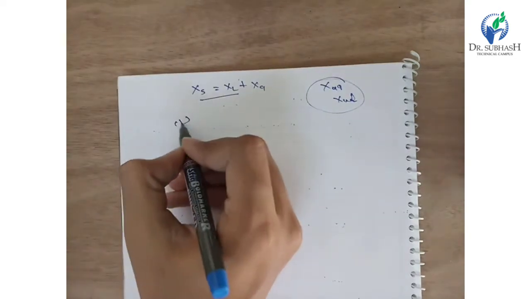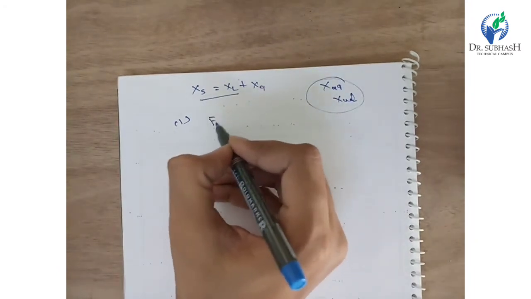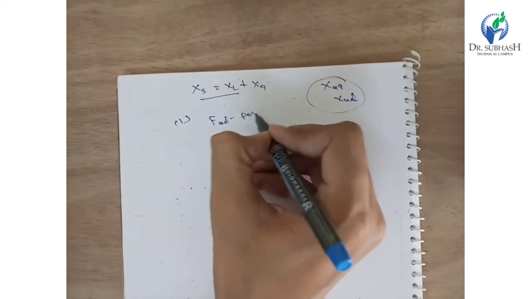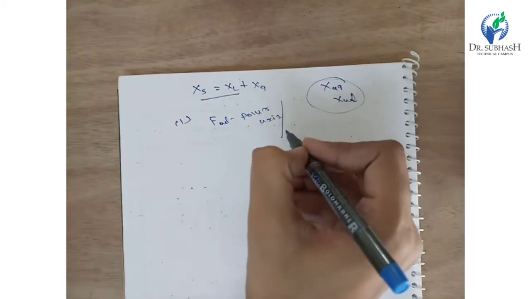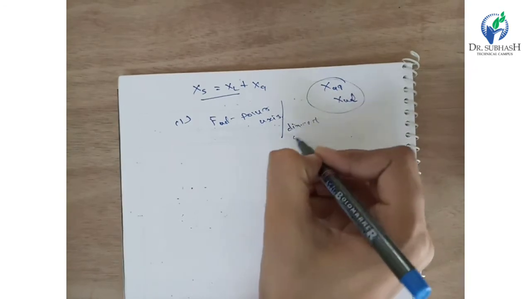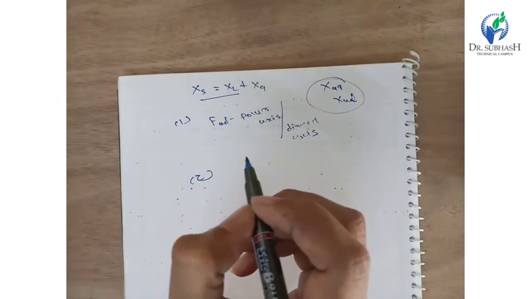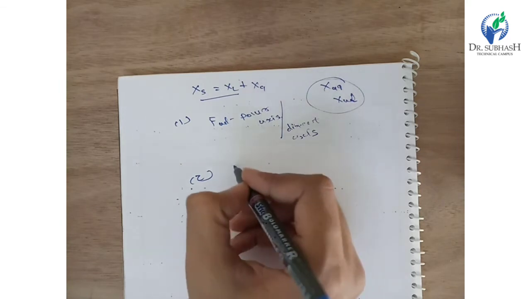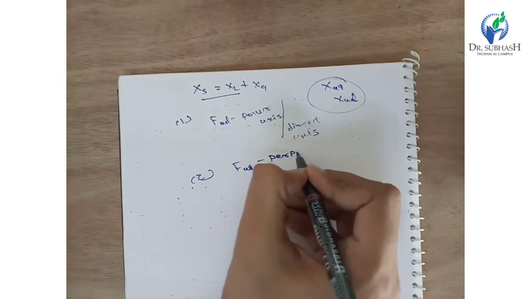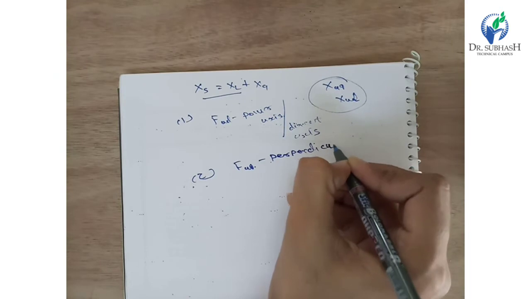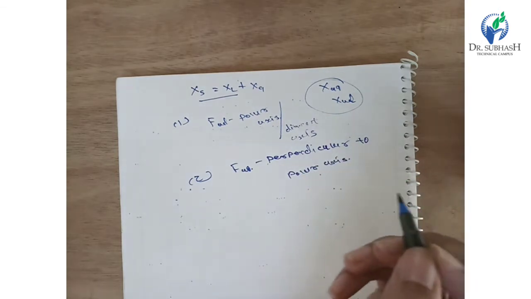The first component is parallel to the polar axis, or direct axis, denoted by F suffix AD. The second component is electrically perpendicular to the polar axis, denoted by F suffix AQ.